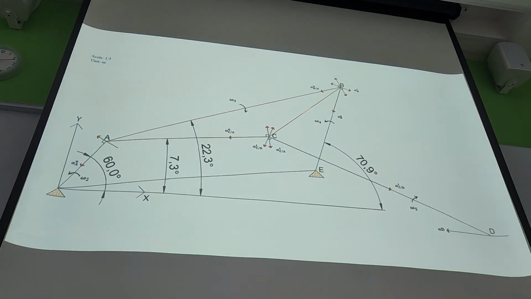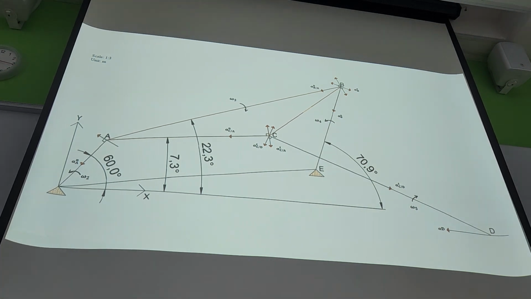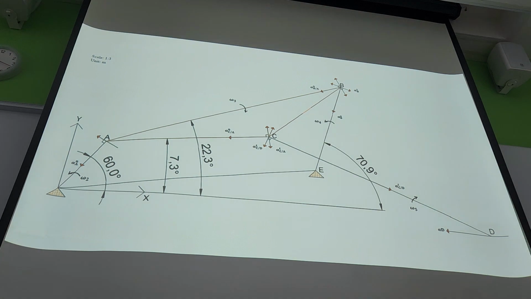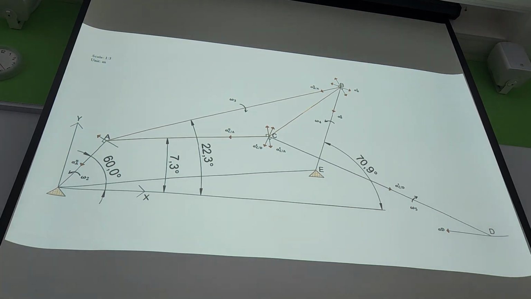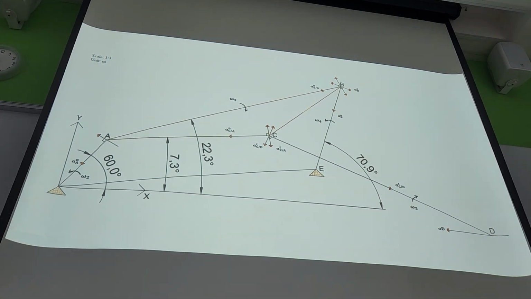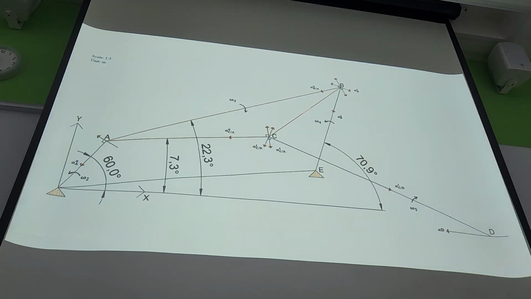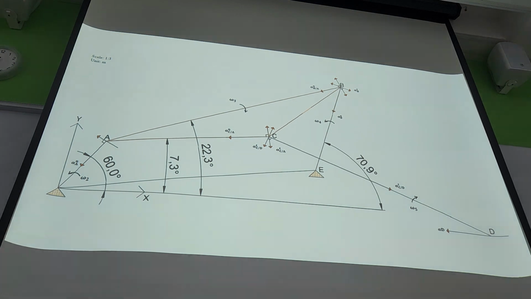CA tangent, you know the direction, perpendicular to CA. Now this is CD. So you know CD tangent also, perpendicular to CD. So like that, for all points, identify the normal and tangential components for all the pin joints.